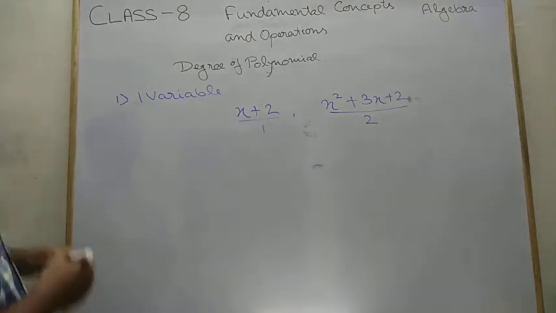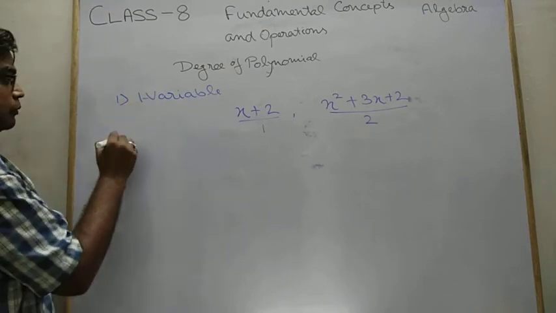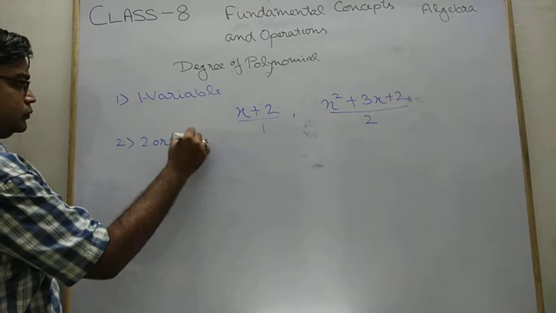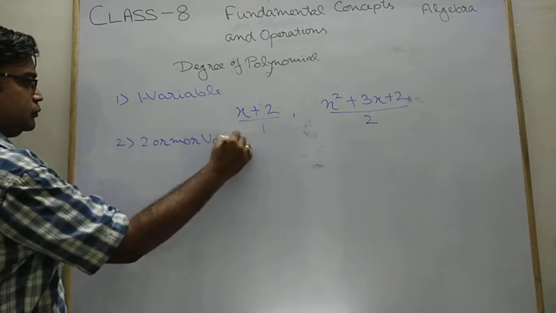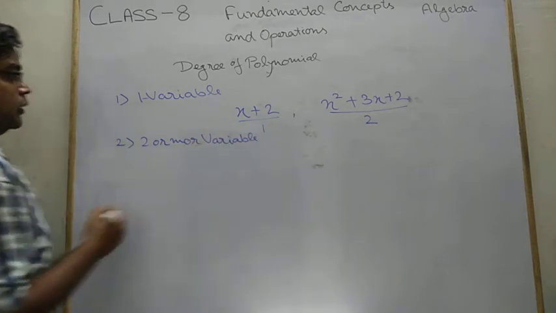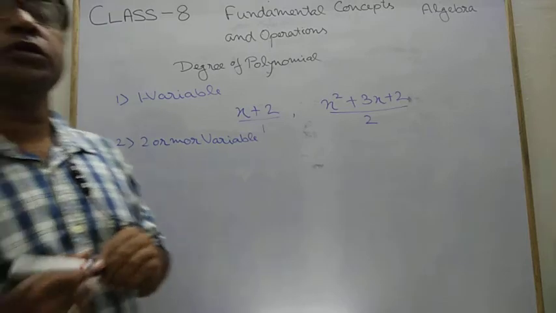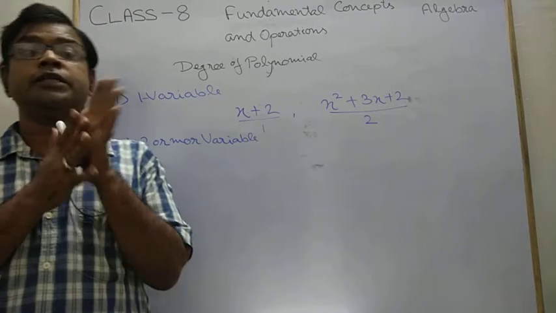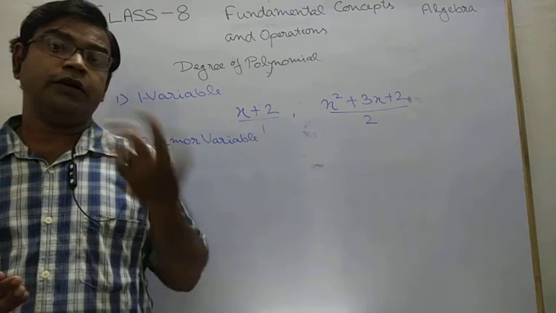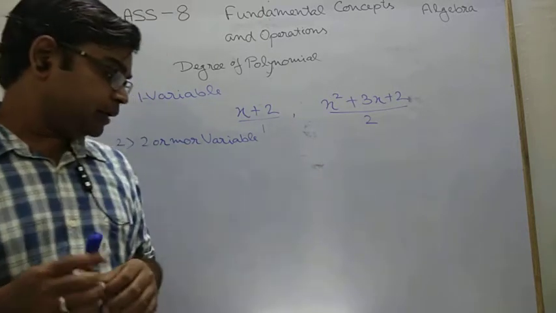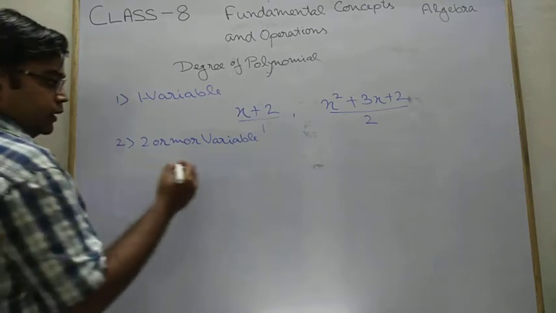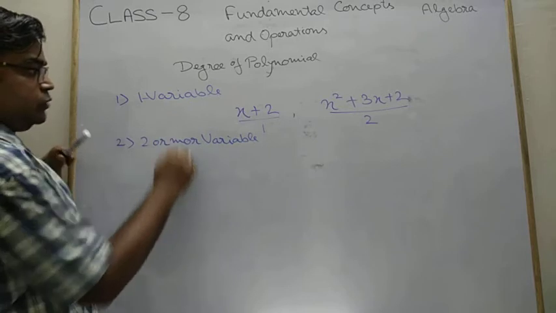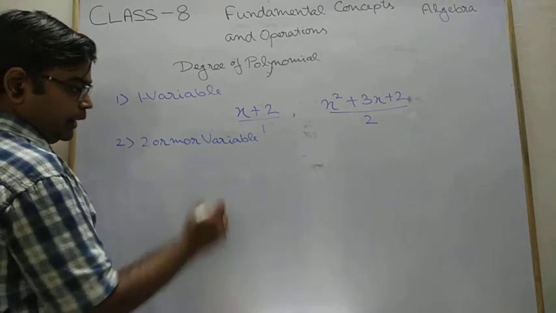What happens if the variables are two or more? In this case we use the sum of the powers of the different variables. For example, I am using the black pen so that it will easily differentiate between these numbers.